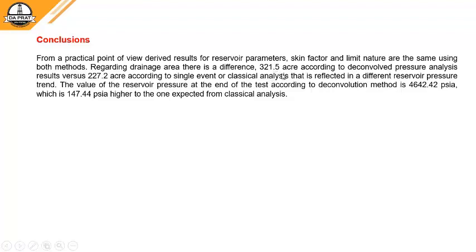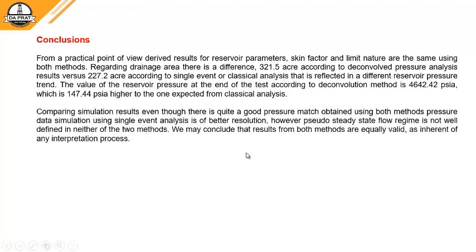So if we compare results, even though there is quite a good pressure match obtained using both methods, we have to say that the single event analysis is of better resolution. However, the pseudo-steady state flow regime is not well defined in either of the two methods.